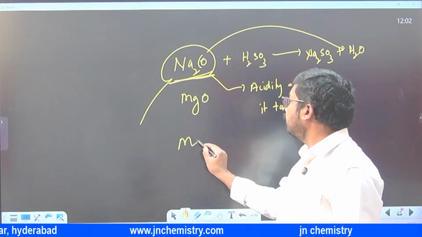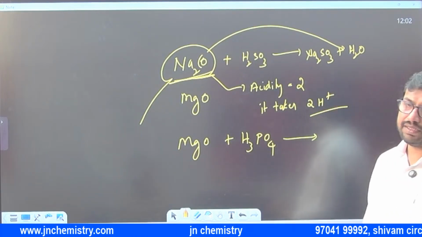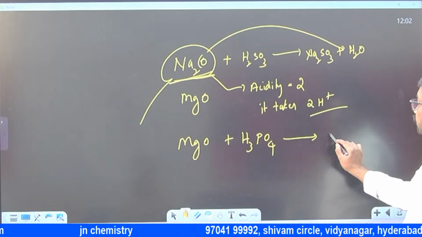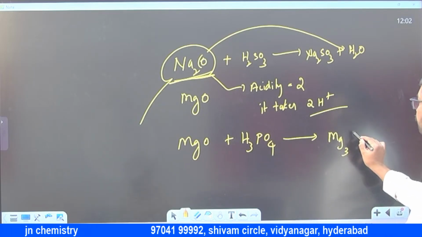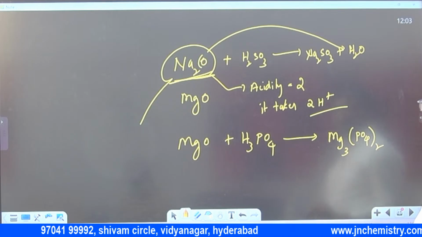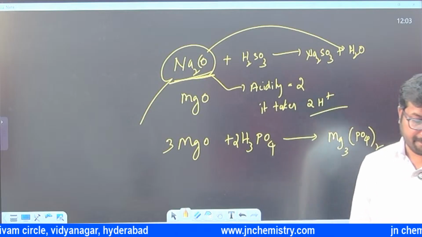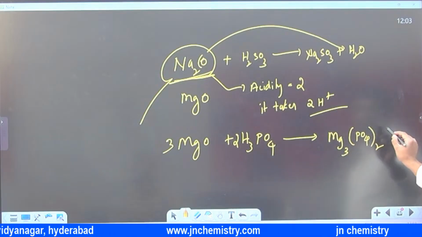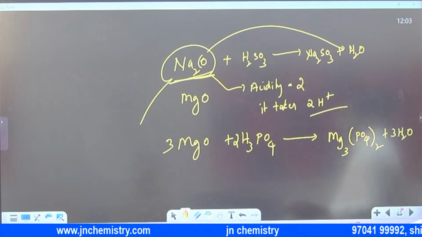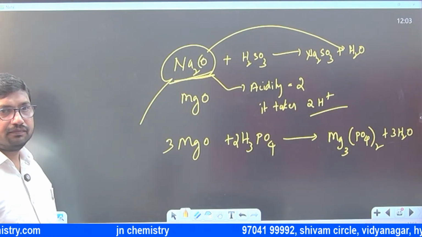For example, MgO with H3PO4 gives Mg3(PO4)2: 3 MgO plus 2 H3PO4 gives Mg3(PO4)2 plus 3 H2O. Now how can we say the n factor in this case for MgO?